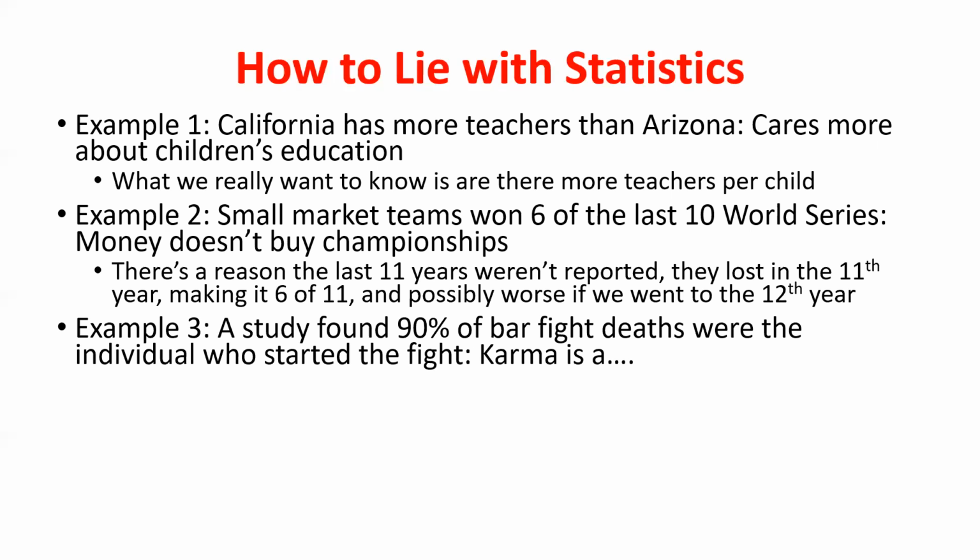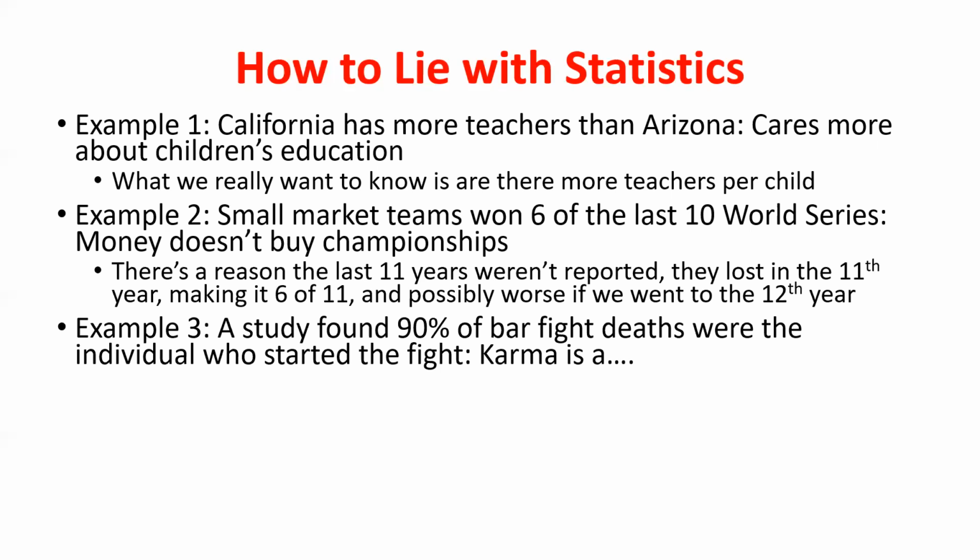This is one of my favorite examples, and I always burn it day one. A study found that 90% of bar fights that resulted in a death, 90% of the time, the person who died was the one who started the fight. So karma is a fill in the blank. What's kind of weird about this one? There's a bar fight.